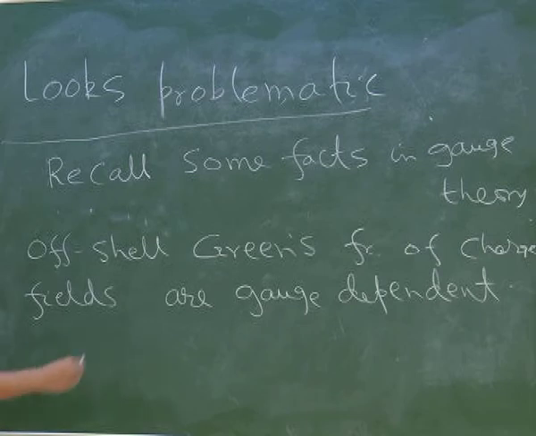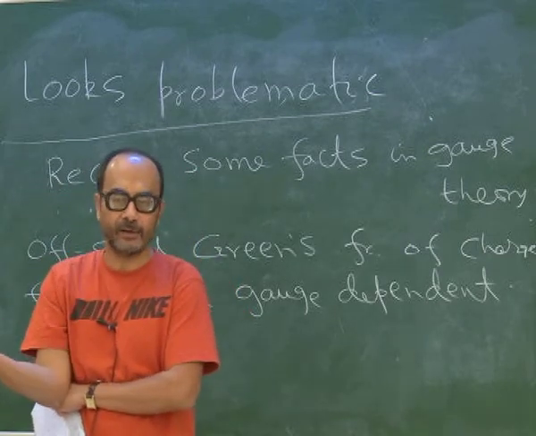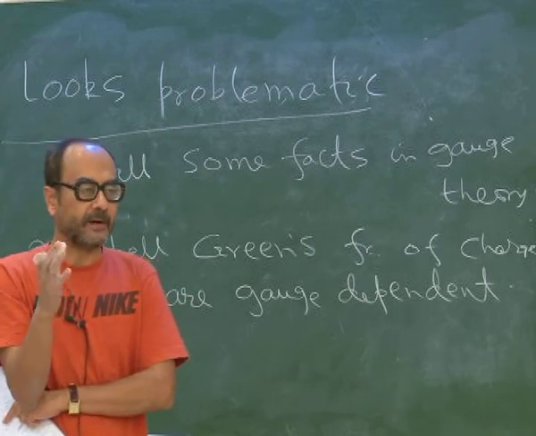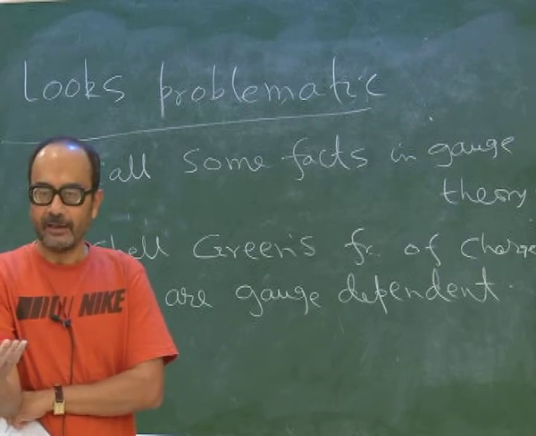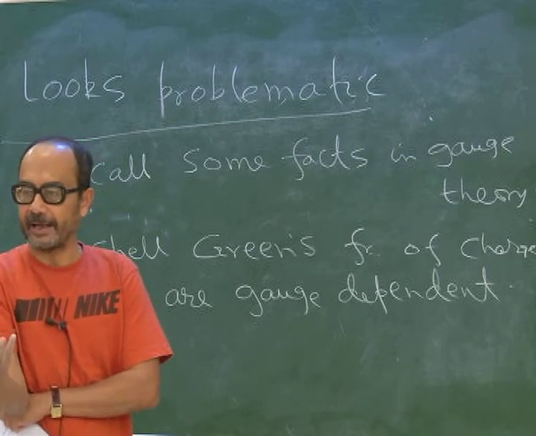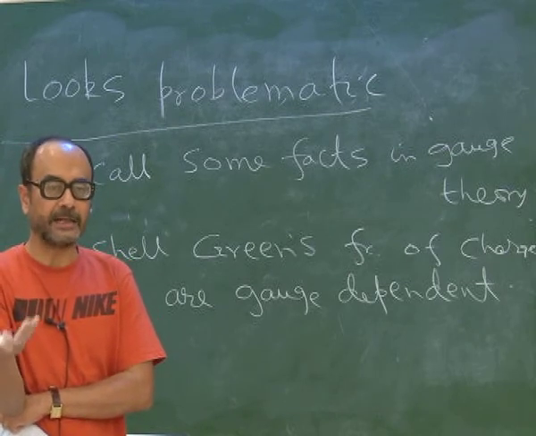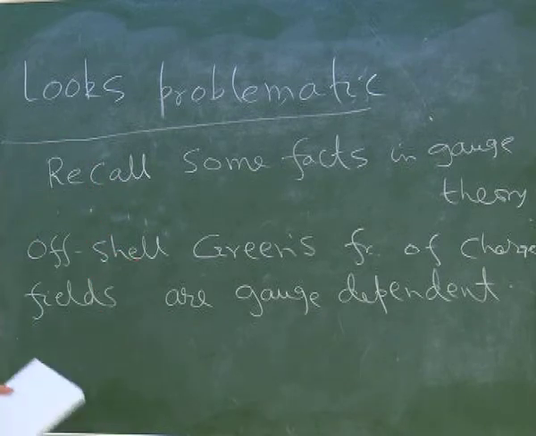Nevertheless, we do talk about off-shell Green's functions in quantum field theory, in gauge theory. The reason is that even though the off-shell Green's functions themselves are gauge dependent, we can extract from them quantities which are gauge invariant. And these quantities are precisely quantities like renormalized mass and S matrix elements.